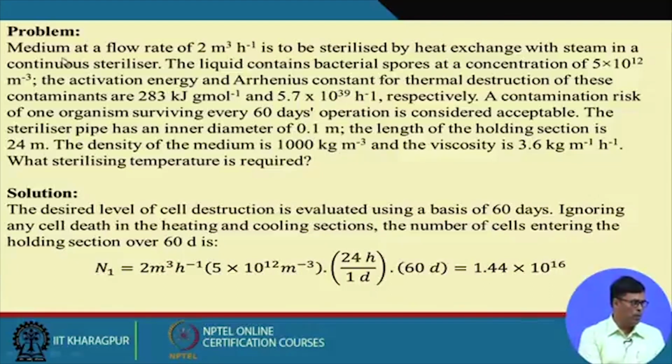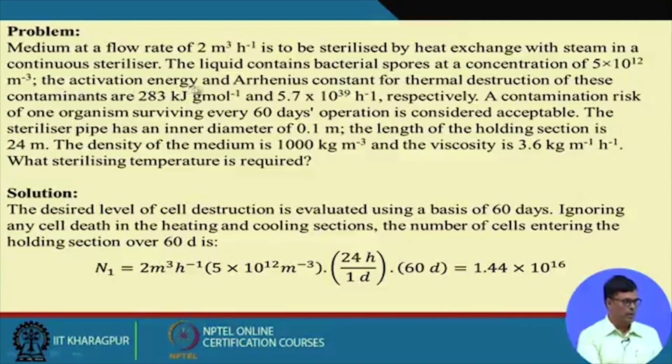Now the problem is like this: media at a flow rate of 2 meter cube per hour is to be sterilized by a heat exchanger with steam in a continuous sterilizer. The media contains bacterial spores at a concentration of 5 × 10^12 per cubic meter.